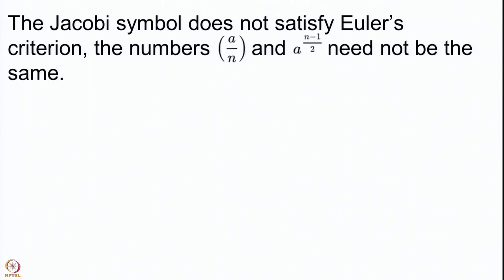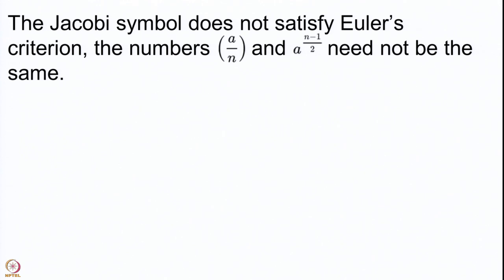So, the Jacobi symbol does not satisfy Euler's criterion, which is to say that these two numbers, the Jacobi symbol value a upon n and the value a power n minus 1 by 2, need not be the same and they need not even be the same modulo n.